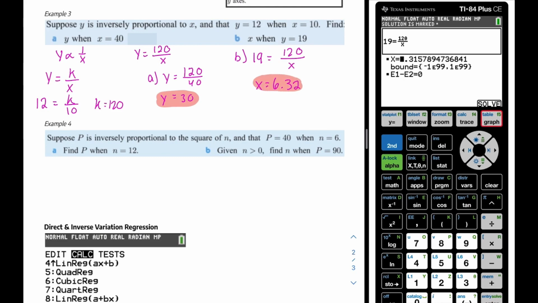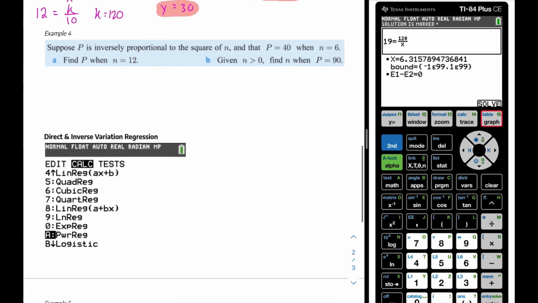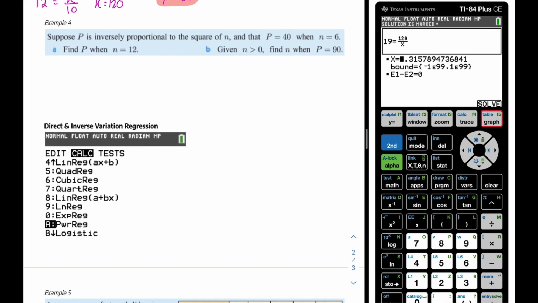Good. Next example. Suppose that p is inversely proportional to the square of n. So now we have an equation where p is inversely proportional to the square of n. So p is going to be equal to a number divided by n squared.